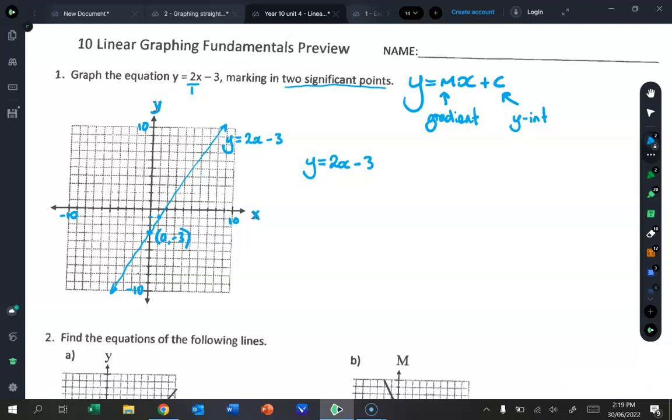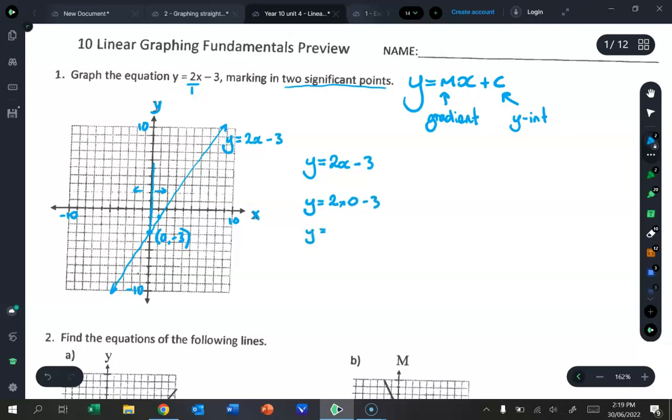Because if we keep x 0, then the line can't stray left or right, it must cross the y-axis, okay? That's how we're finding that. So if I make x 0, y will be 2 times nothing, because x is nothing, - 3, and that's why y is -3. So we've got our first significant point, (0, -3).